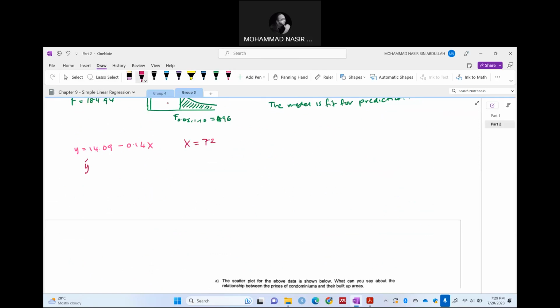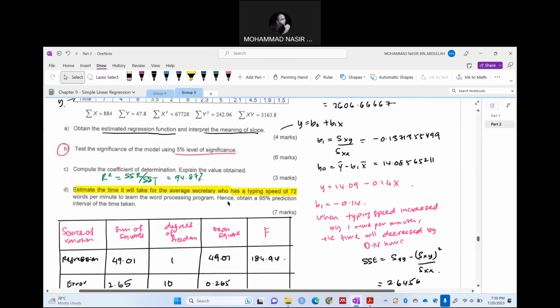So y hat equal to 14.09 minus 0.14 multiplied with 72. So this one should be equal to 4.01.